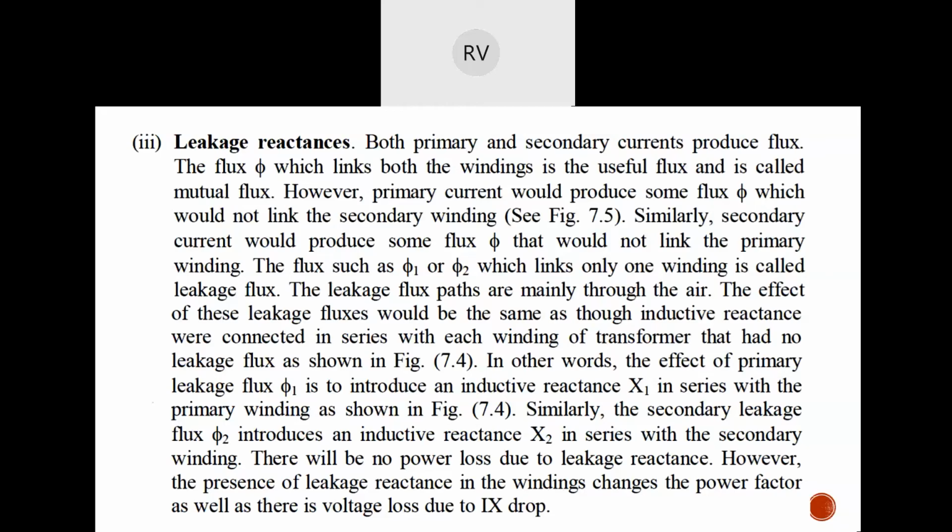The leakage flux paths are mainly through the air. The effect of these leakage fluxes would be the same as though inductive reactances were connected in series with each winding of a transformer that had no leakage flux, as shown in figure 7.4.